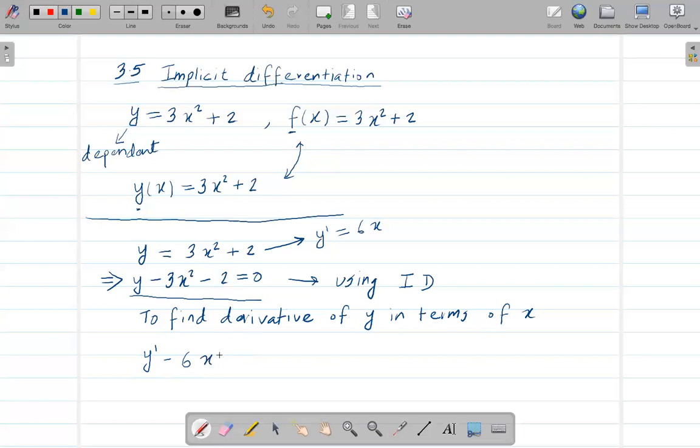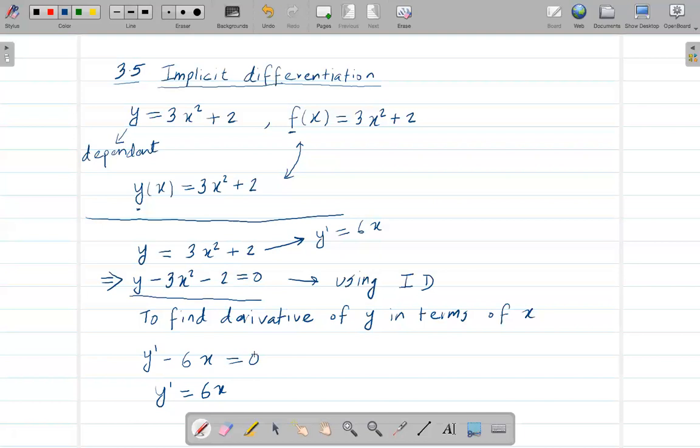So we don't have to write that is equal to 0. So from here I get y prime is equal to 6x. It looks like I'm doing the same thing. It's just that here, I took the derivative on the left hand side, but it looks the same, right?